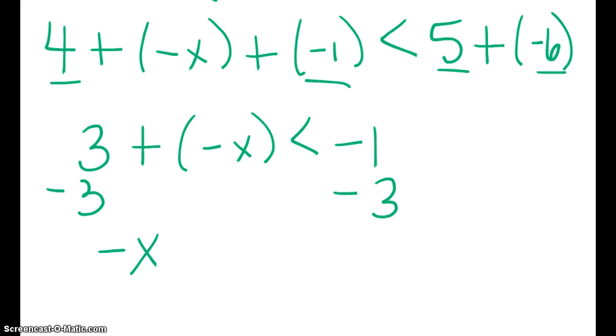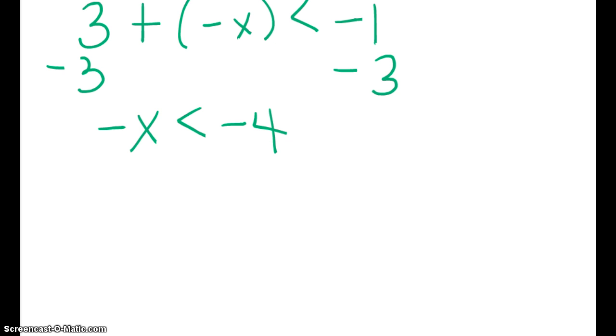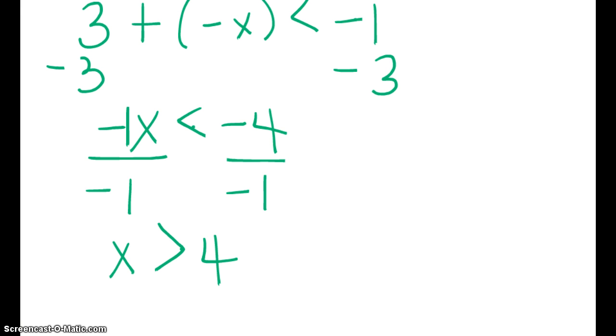But I'm going to say negative x is less than 1 negative, and 3 negatives is 4 negatives. So here, since I have negative x, really remember that's like a negative 1x. So I could show my 1 right here, so I'm dividing by negative 1. And here I'm divided by negative 1. So now I have x is greater than, I have to flip my inequality sign, negative 4 divided by negative 1 is 4. So watch that a couple of times and make sure you understand it.